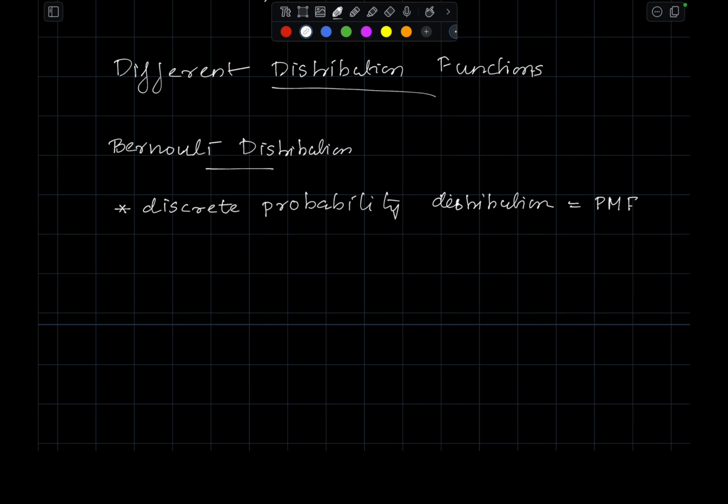Similarly, in case of continuous, we will always refer to the probability density function, which is PDF. The Bernoulli distribution is a random variable that has exactly two outcomes. For example, let's take the situation of tossing a coin. In case of tossing a coin, we have outcomes like head or tail, zero or one. So it is an example of the Bernoulli distribution.